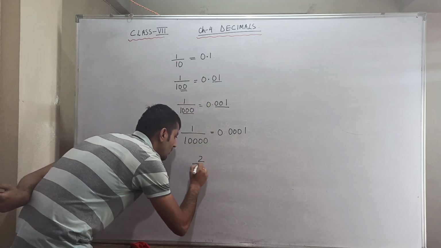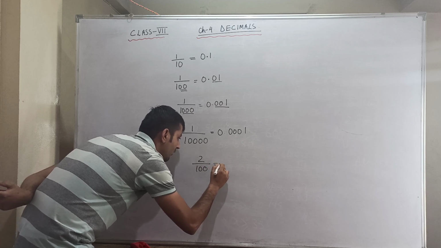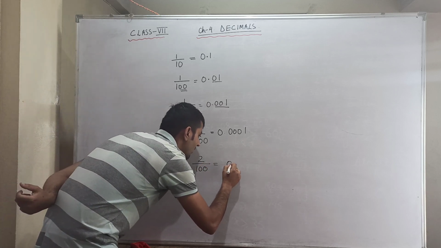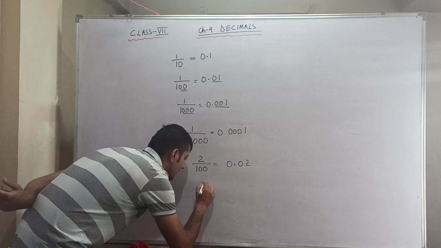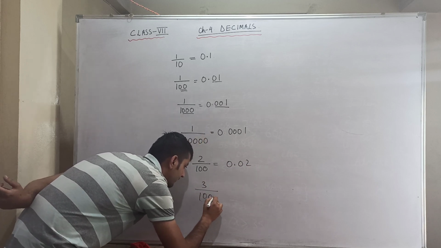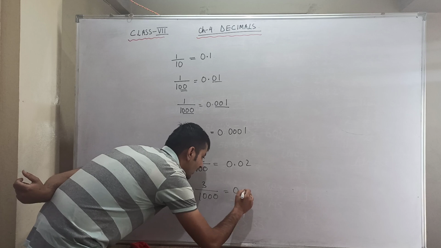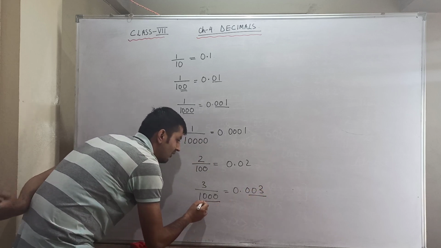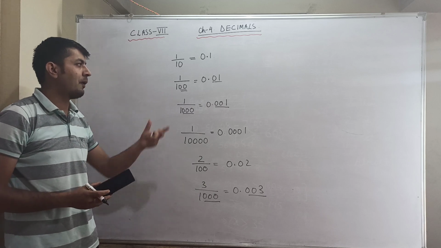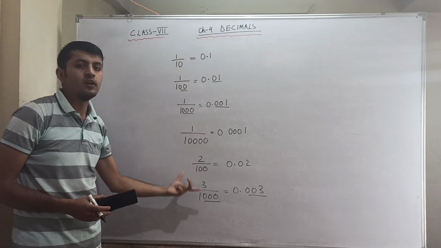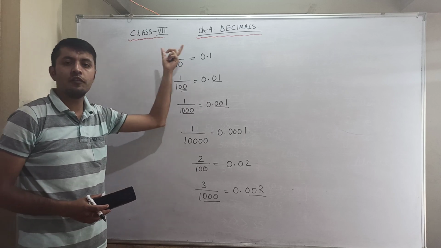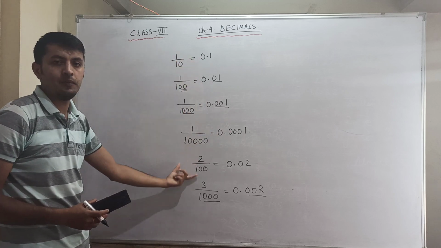If I give you 2 by 100, how much do you get? 0.02. 3 by 1000 is 0.003, 3 digits, 3 digits. Please go through this pattern. It will really help you when you do multiplication or division of decimals.